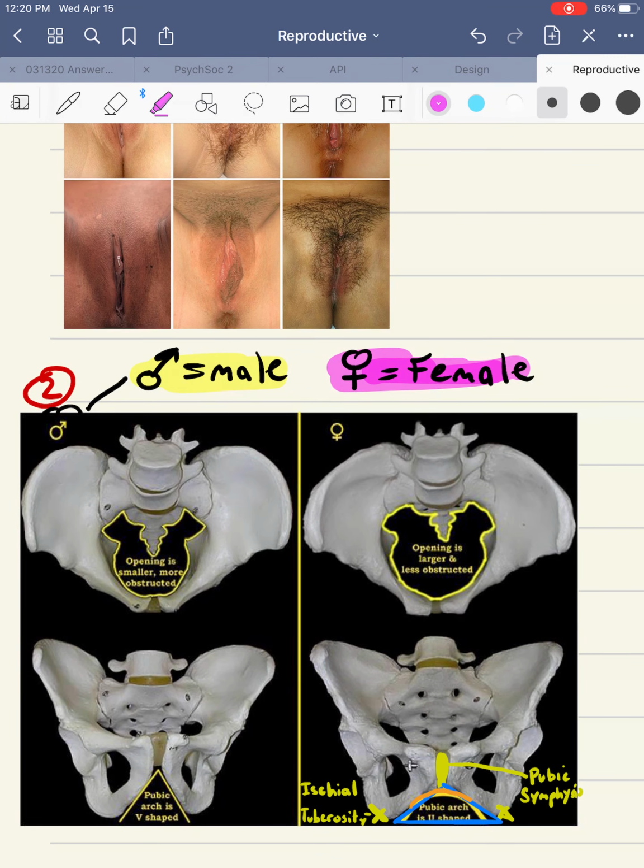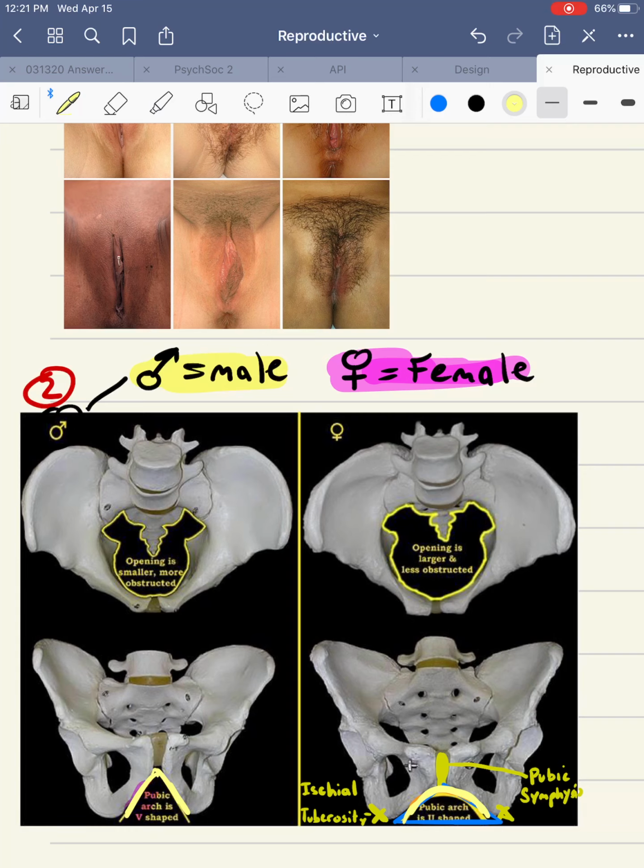If we look in this diagram, remember from last semester, you have the pubic arch over here, right? And this is the pubic arch of a female. The pubic arch of the male, which is on the left, has an acute angle, less than 45 degrees, right? I'm sorry, less than 90 degrees.